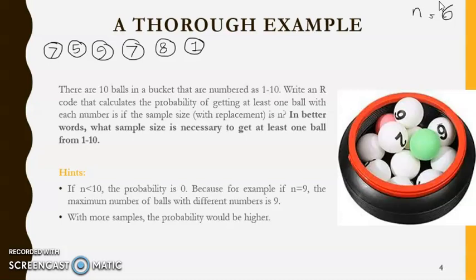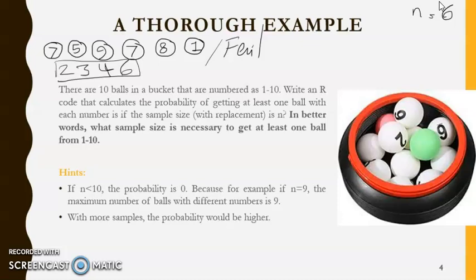It's going to be a success experiment if we have all the numbers from 1 to 10 at least one time. But of course it is a failure. Why? Because we don't have 2, we don't have 3, we don't have 4, we don't have 6. So it is a failure.